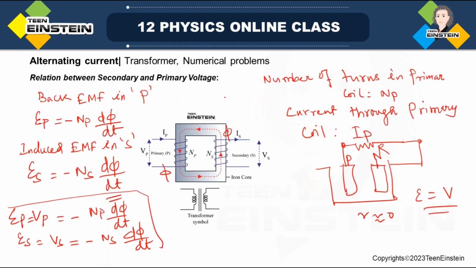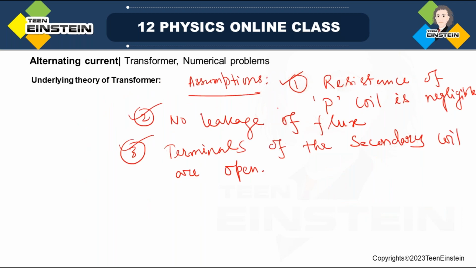Since we have assumed that there is no leakage of flux and the efficiency of the transformer is 100%, let me take the ideal case of 100% efficiency.